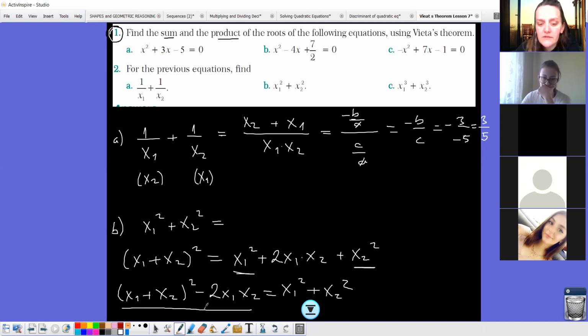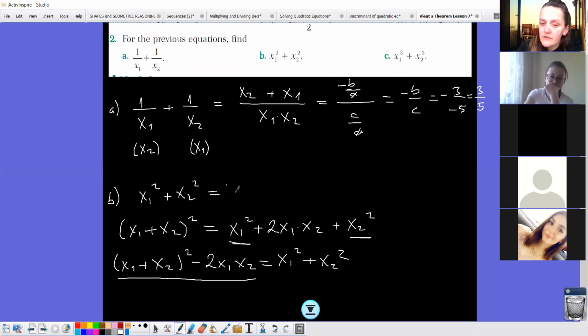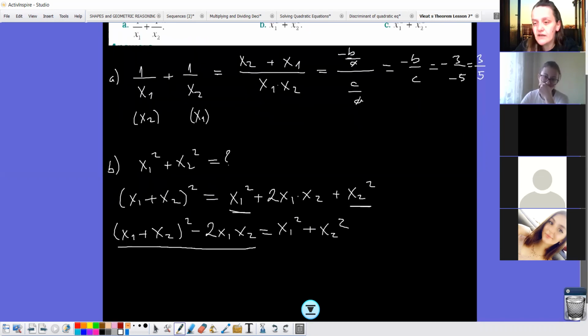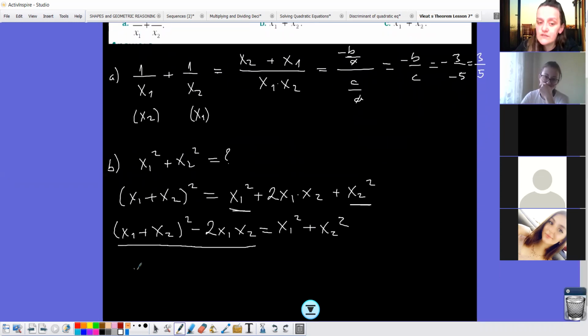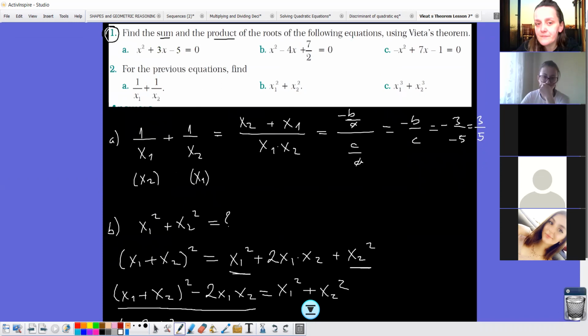So did I find what I need? I have the theorem here: x1 plus x2, x1 times x2. So x1 squared plus x2 squared can be written as x1 plus x2 squared minus 2 times x1 times x2. Now, from my equation, can I find x1 plus x2? It is minus b over a, which is minus 3 over 1, squared. Am I right?